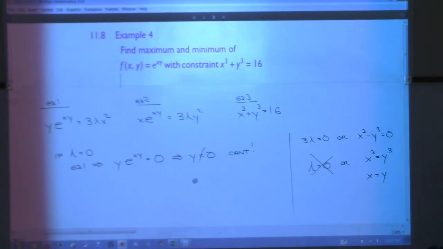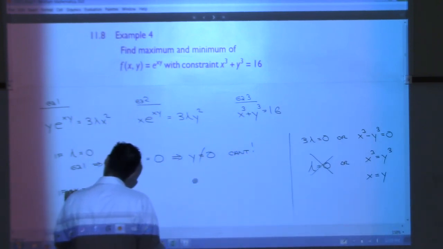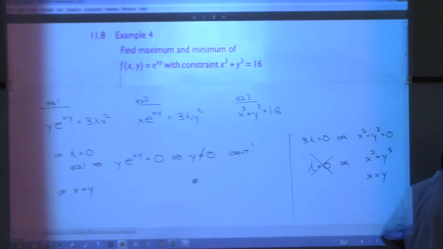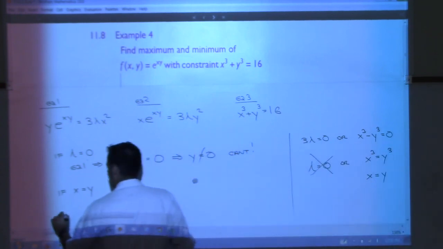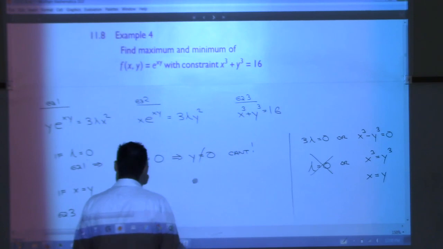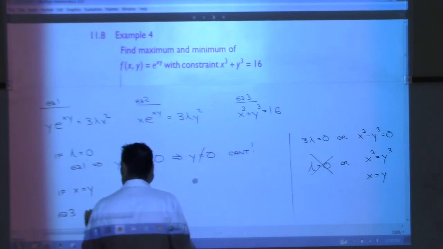Now, what if x equals y? If x equals y, then what? I can rewrite the last equation. Equation 3 will tell me that, what? You can replace the y with x or the x with y. It doesn't matter. I'm going to replace the y with x.